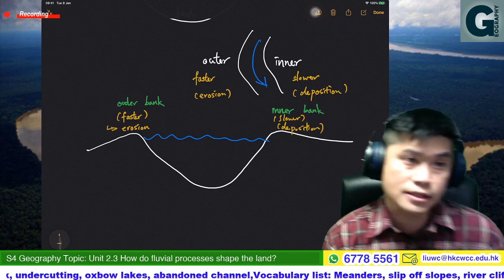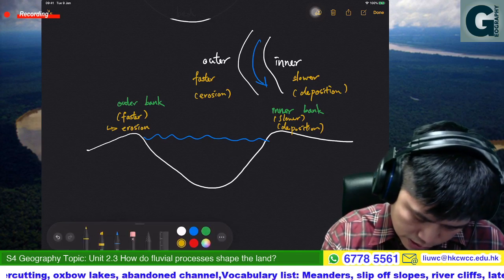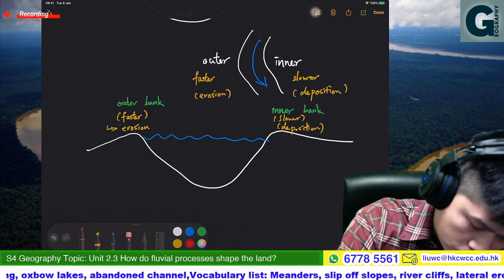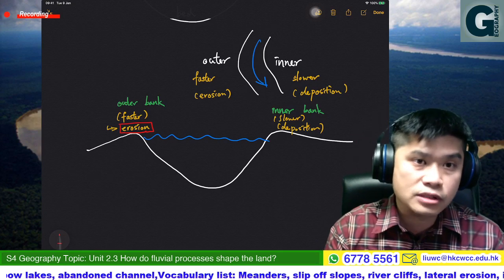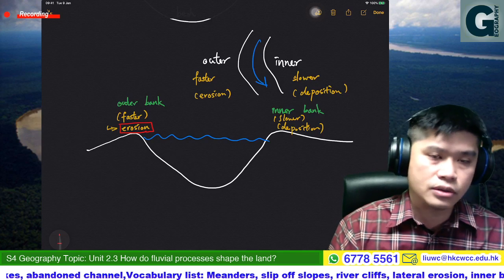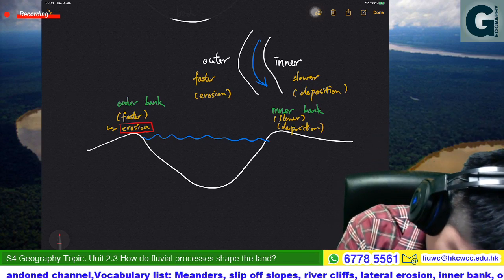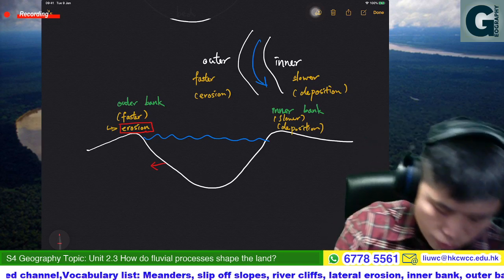So let's have a look. This time I use red to indicate erosion. When the water flows in the river along the bending, in the meander, for the outer bank here, there should be lateral erosion.